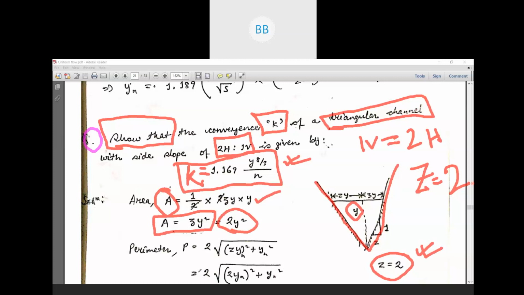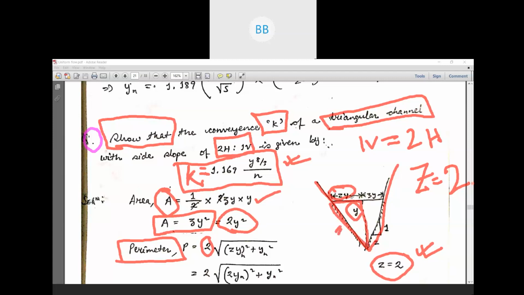Then we move on to the wetted perimeter, this side and this side. It will be the same, so multiplied by twice root over this side square plus this y square. We consider this triangle.